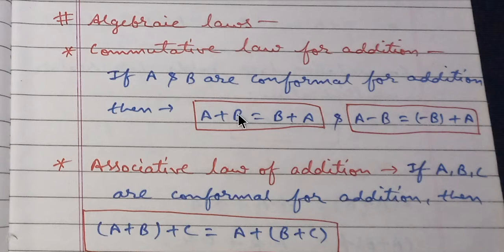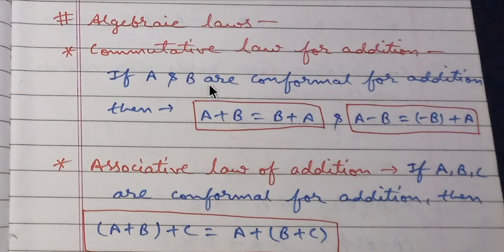This line says that the commutative law for addition holds if A and B are conformable for addition, which means that A and B are of the same order.